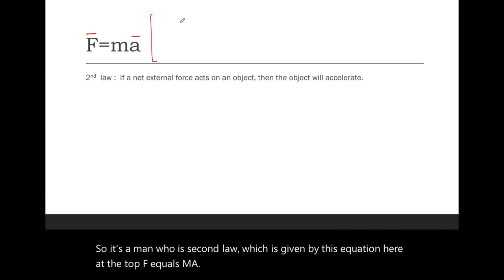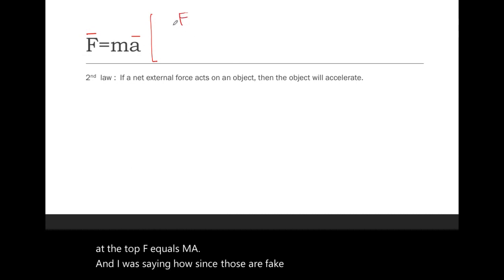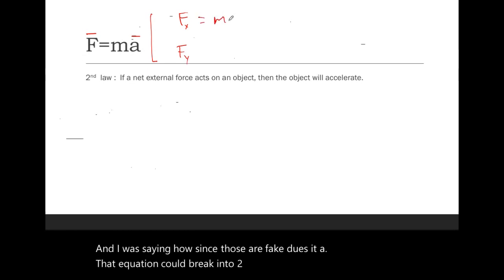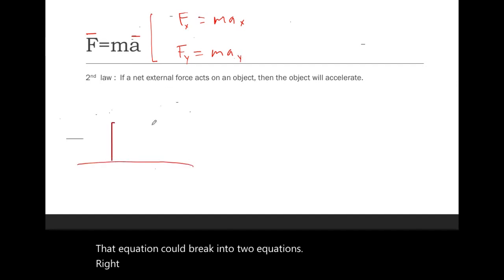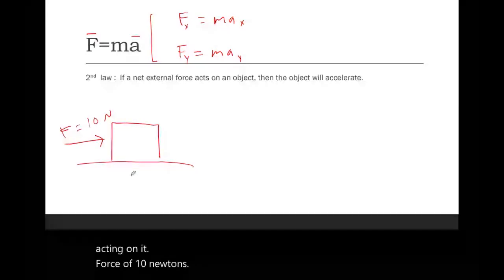And I was saying how since those are vectors, that equation can break into two equations. Real quick, I was giving this example of a box with a force acting on it, a force of 10 newtons, let's say. And let's say the mass is 5 kilograms.